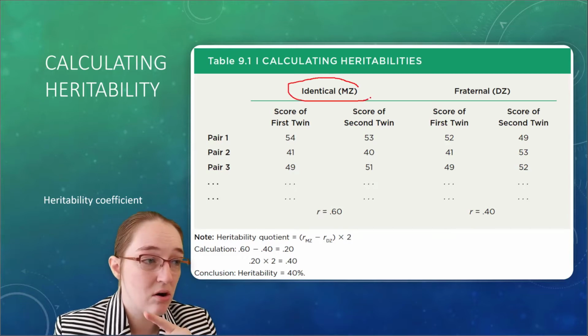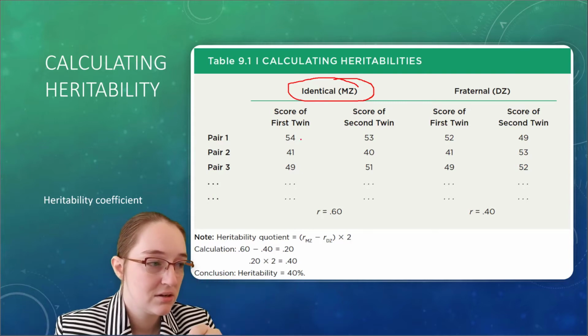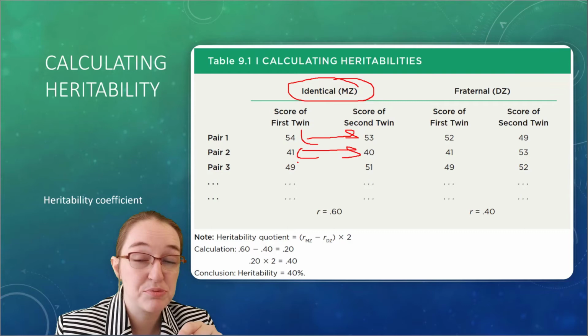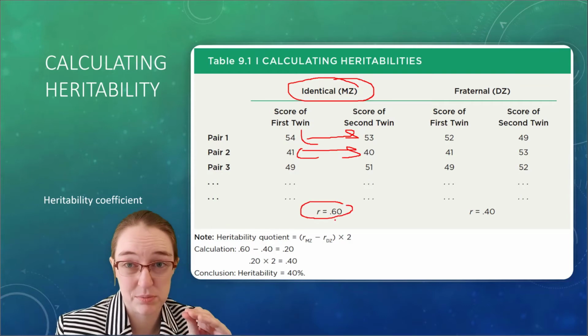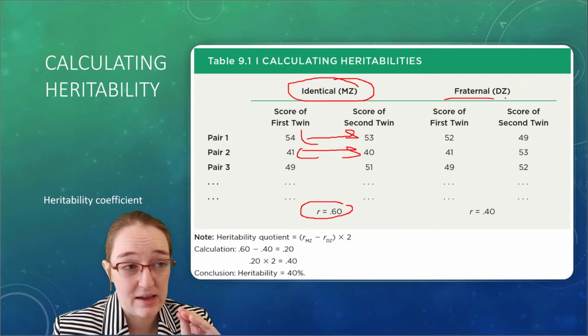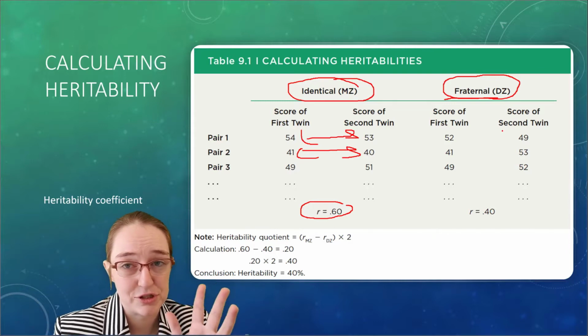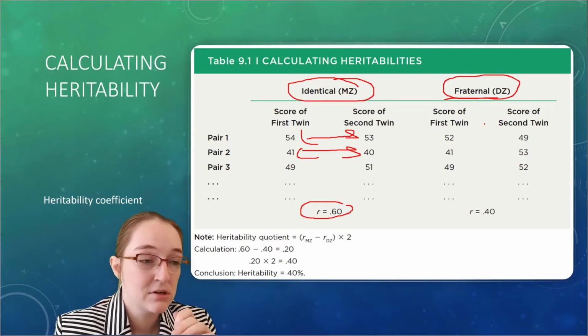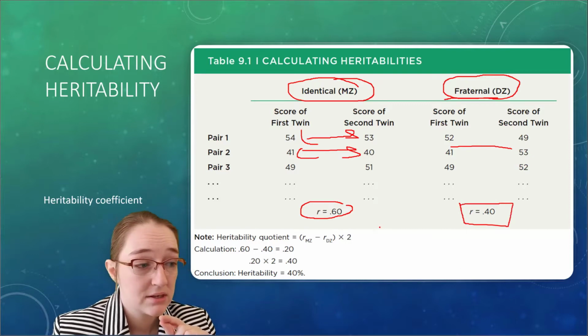So we look at all the twins who are identical, and we see what the correlation is amongst each pair. And we find, in this example, the correlation is 0.6, which is pretty high. And now we're going to look at what the correlation is for non-identical twins. So they share half their genes and all their womb. And we can see the correlation is lower.